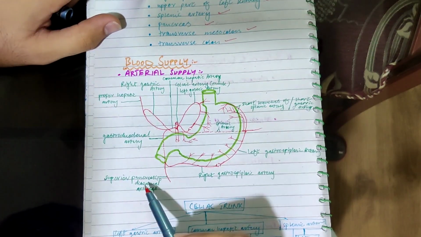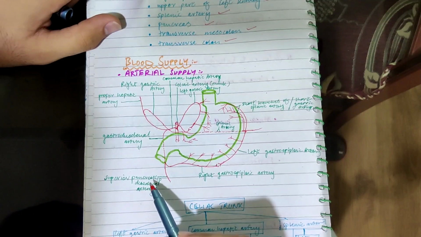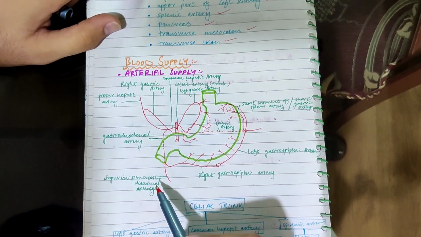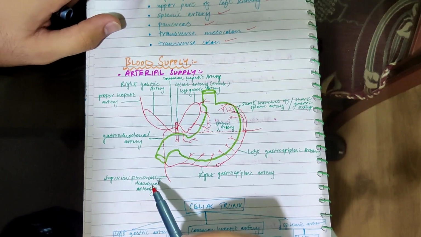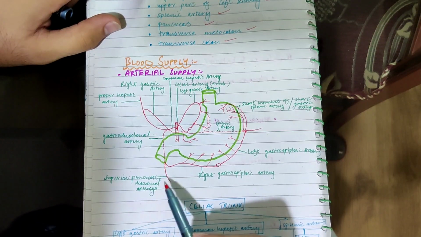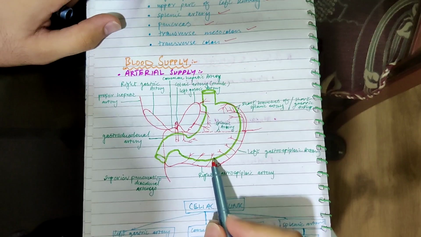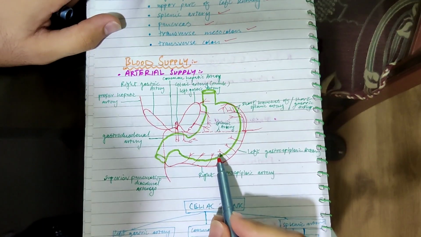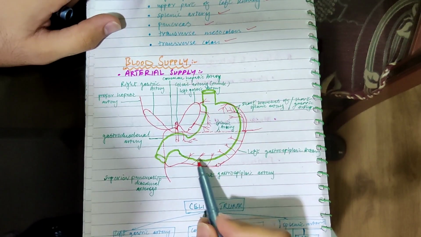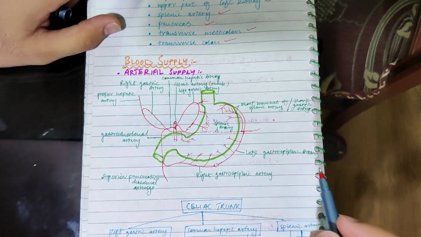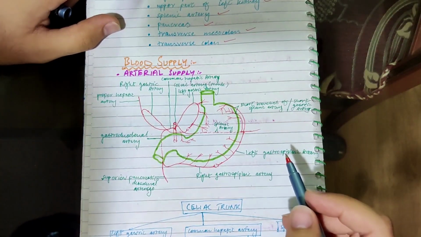It further divides into the superior pancreaticoduodenal arteries, which give the arterial supply to the pancreas and the duodenum, and the right gastroepiploic artery, which also supplies a major portion of the greater curvature. So this was about the arterial supply of our stomach.